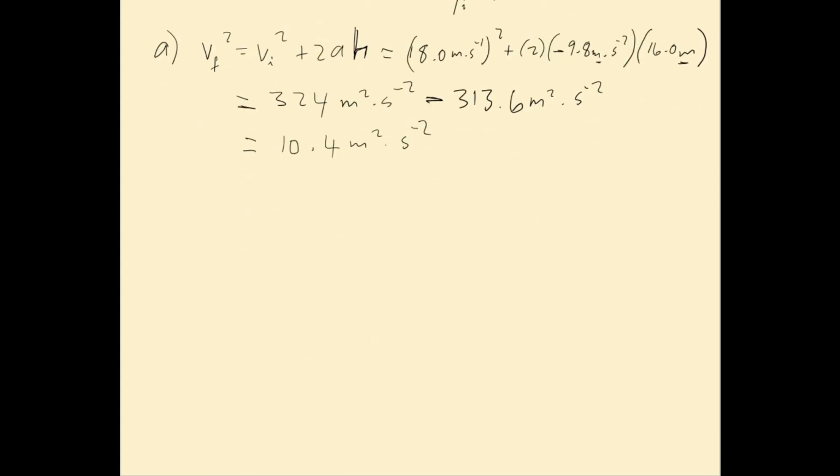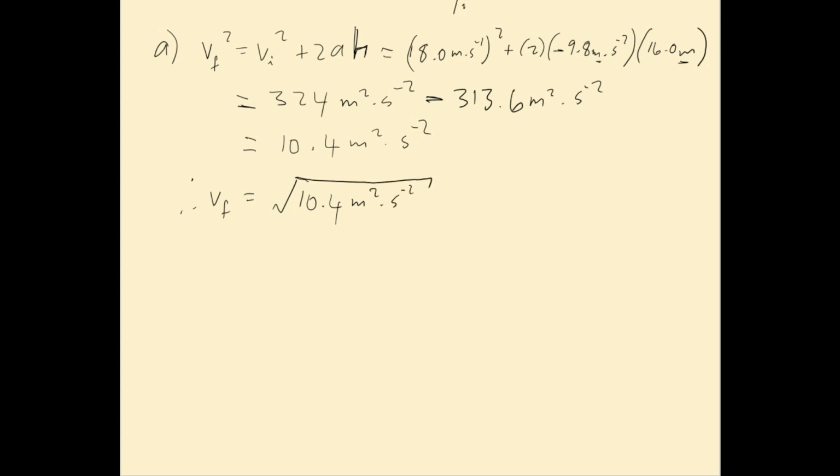We don't want that, we want the actual final velocity, so we just take the square root of both sides. So therefore vf is the square root of 10.4 meters squared seconds to the minus 2.